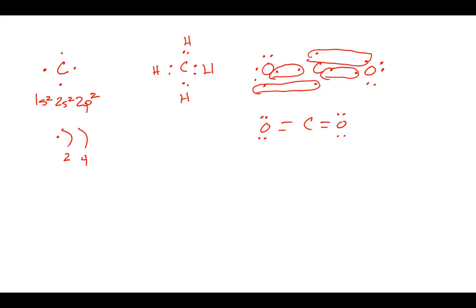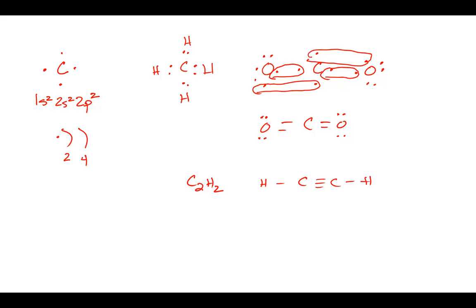If we look at acetylene, which is C2H2, we would notice that the bonding here would actually end up being a triple bond between the 2 carbons and a single bond between the hydrogen and the carbon. Now you say, how did you come up with that so quickly?